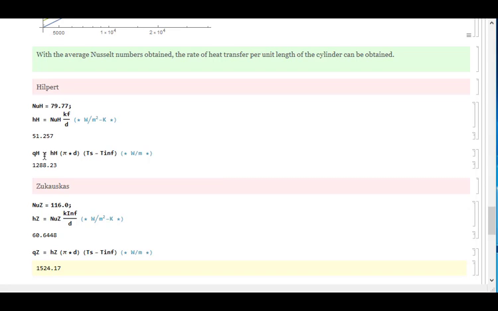And then we multiply that by our area. Now we don't know the length of the cylinder, so what we're going to use is essentially just the perimeter. The perimeter of a circle is pi d. So we end up with a rate of heat transfer of 12,088 watts per meter, and that per meter is per unit length of the cylinder.